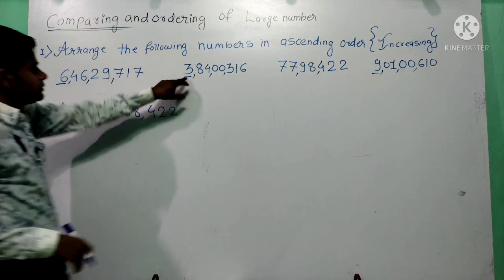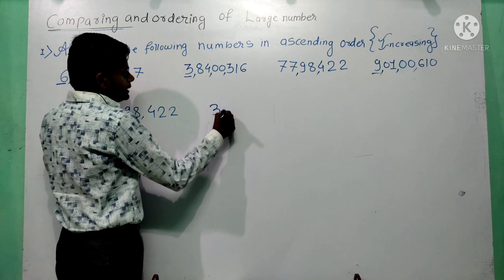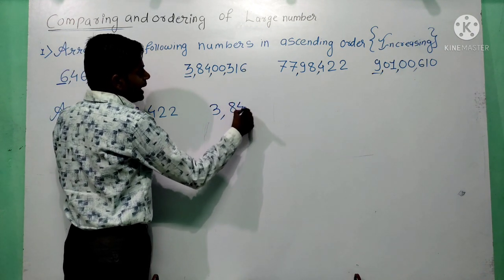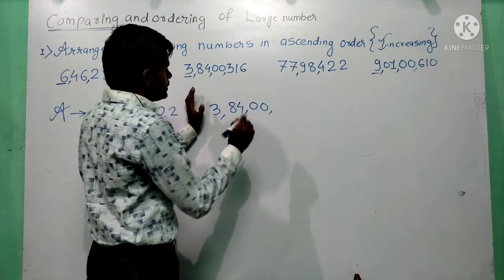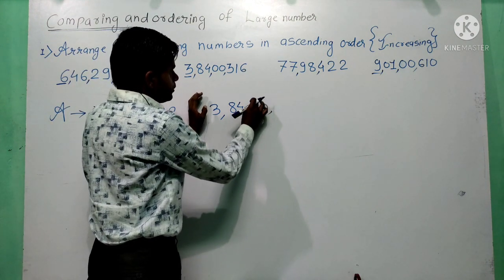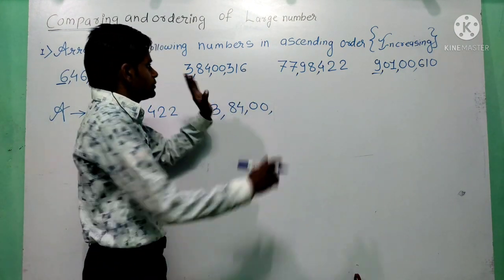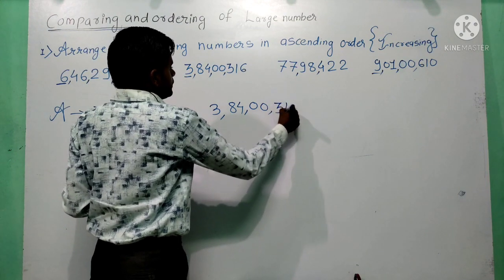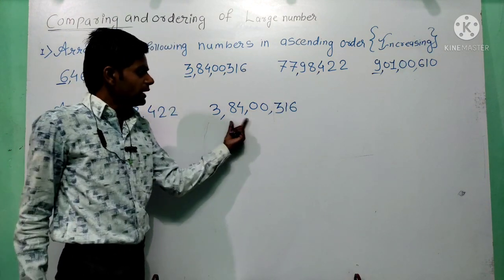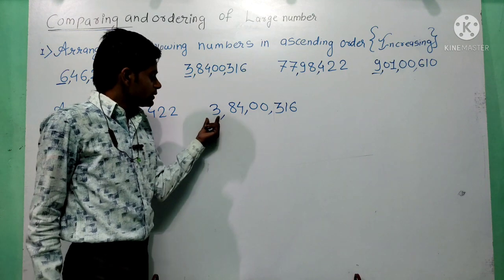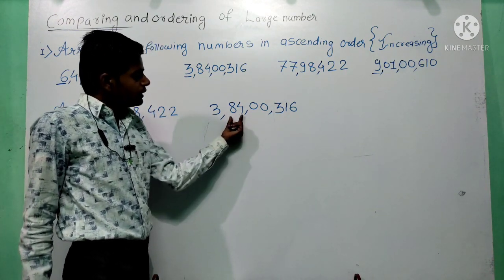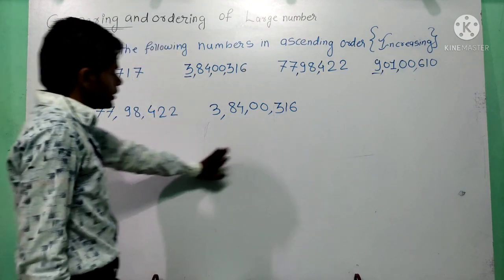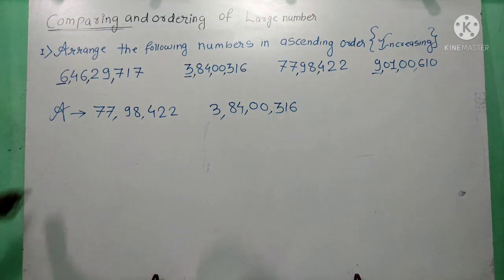Okay, so write down this one. 3 crore 84 lakh. There is no digit here, that means no thousand, so we will not read thousand. It is 3 crore 84 lakh 316. Okay. Then we will write this number.